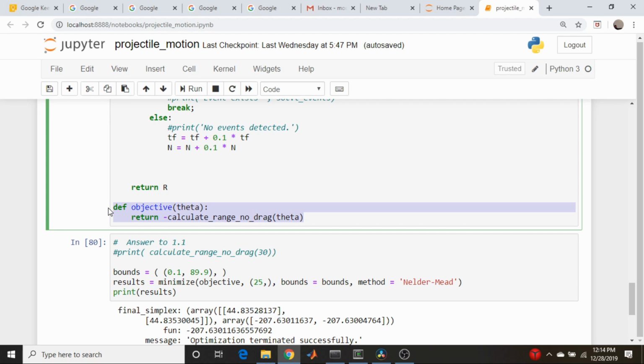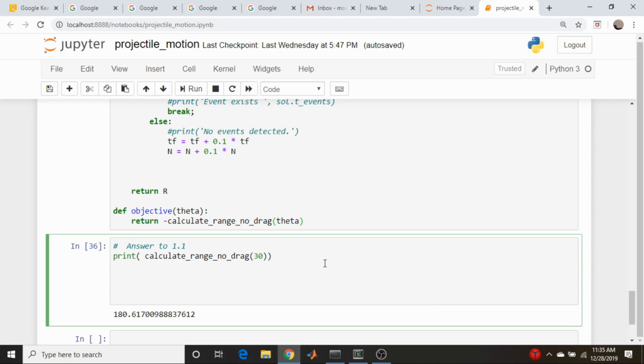We were looking for the maximum. So what we need to do is create a function here. I called it objective, and it returns the negative of the range. So finding the negative of a minimum is finding the maximum, and that's what we want to do. So we can actually minimize this function to find the maximum of this function up here. Back to the regular video.